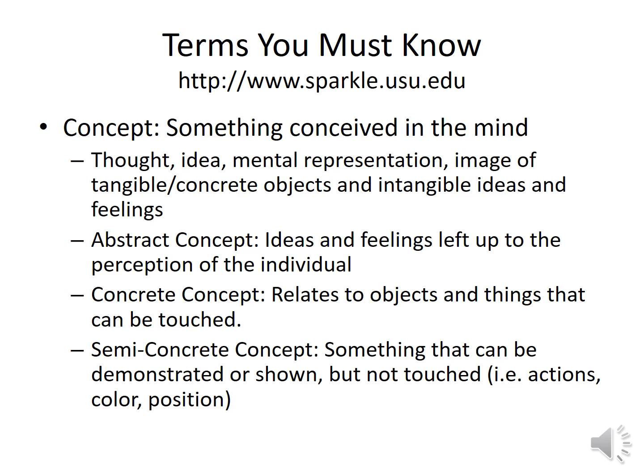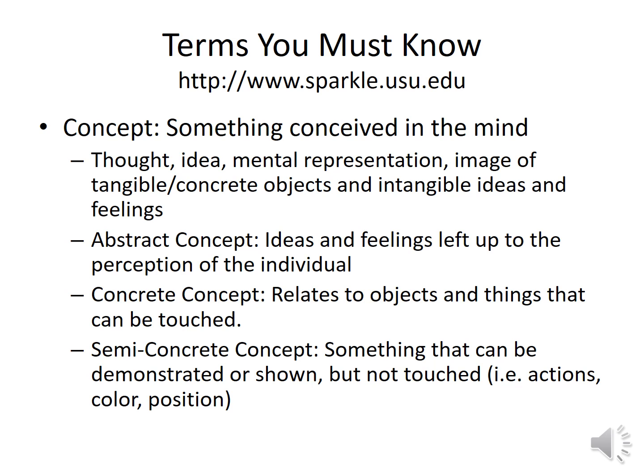The next three parts of this slide break down the definition even further. An abstract concept is ideas and feelings, and those are left up to the perception of the individual.